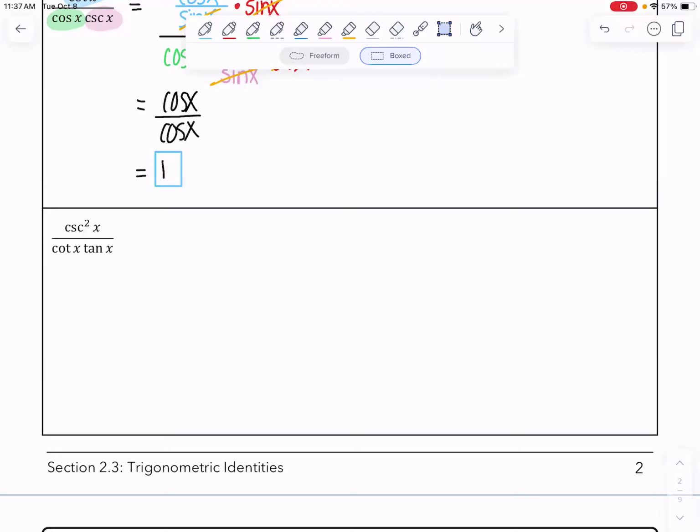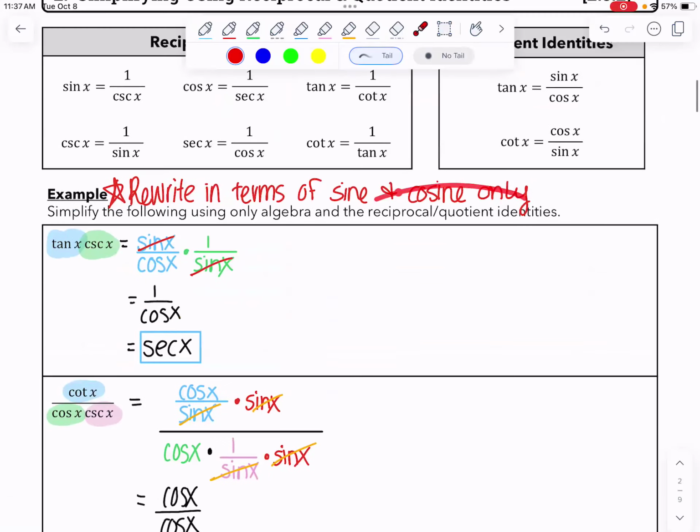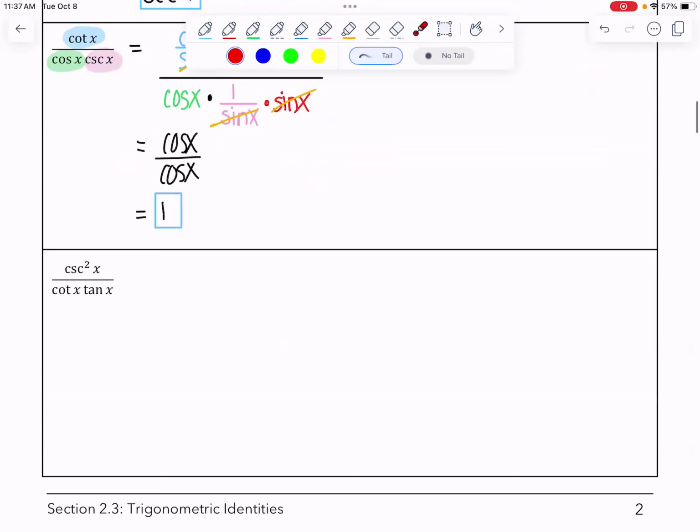One last one. So normally when I see simplification and I see something like cosecant squared, my brain immediately is going to say, use a Pythagorean identity because I see a squared. However, this problem says reciprocal and quotient identities only. So I'm going to just replace it with a reciprocal identity.